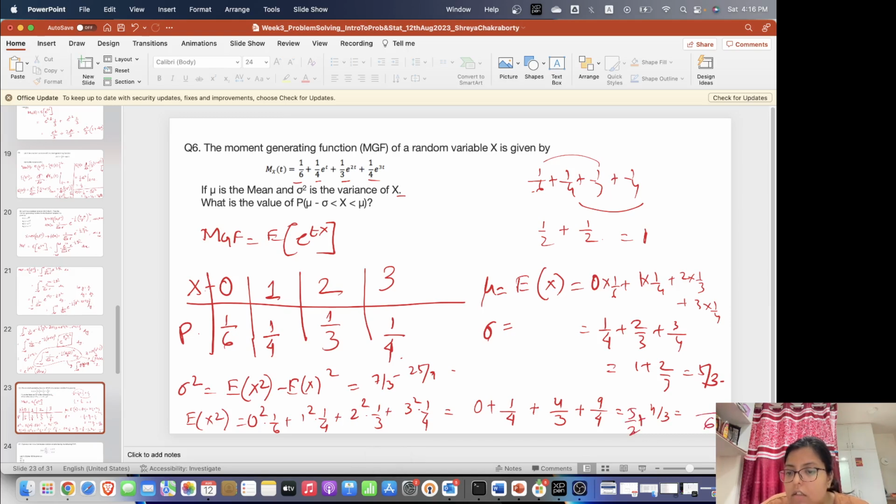Six, 15 plus 8, 23 something. Ma'am, sigma square is 22 by 9. Sigma square is 22 by 9.